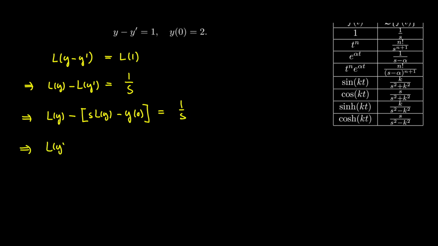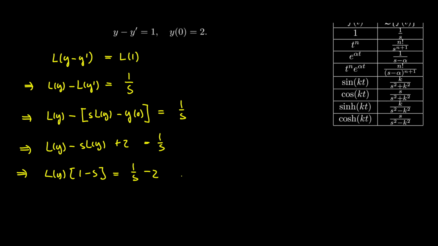Great, so here we can simplify a little bit. We're just going to get L of y times 1 minus s is equal to 1 over s minus 2. Okay, good.